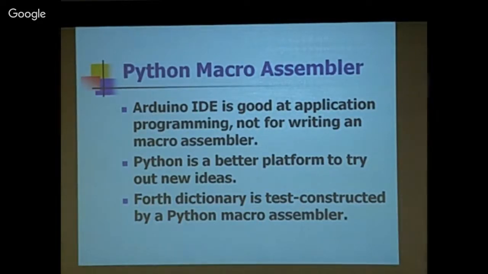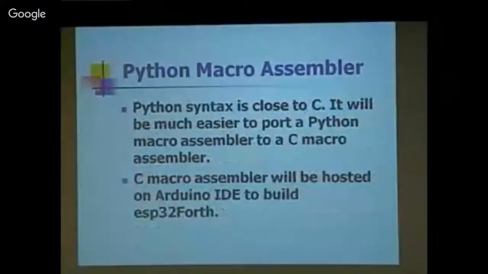So the essence is that I need to write a macro assembler to put things into the big array. And the things I want to put in are basically bytes and words.